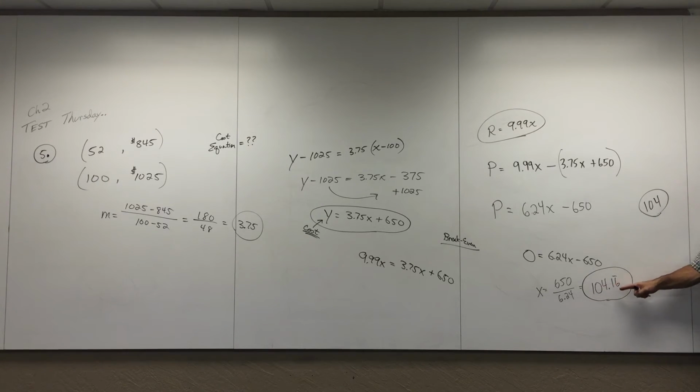If it takes 104.16 to break even, then at 104, you ain't quite broke even. Your profit is a little less than 0. You haven't broke even yet. If it takes this to equal 0, then at 104, you're a little less than 0, I believe.